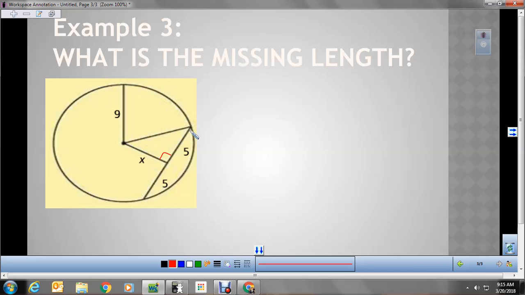And the radius of the circle also provides our hypotenuse for the right triangle. So we have this side is 5, this is x, the length of this is the radius, and this is also the radius, which means that this length is 9. So what are we going to use to find a missing side length given two sides of a right triangle? Pythagorean theorem. We take the two legs, x squared plus 5 squared equals 9 squared.